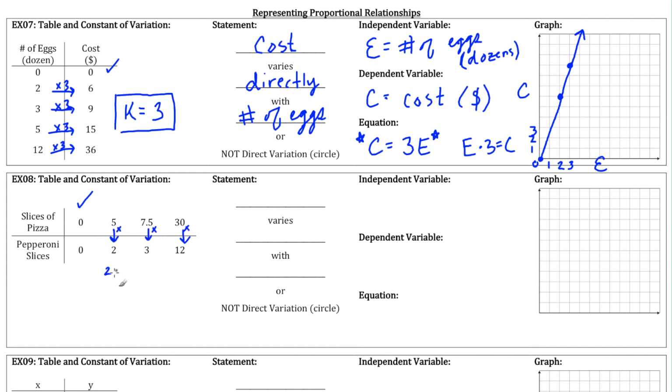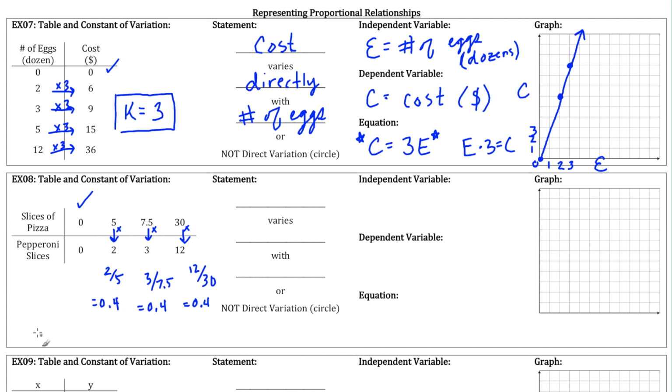So 2 over 5, 3 over 7.5, 12 over 30. So 2 over 5 equals 0.4, and 12 divided by 30 is 0.4.